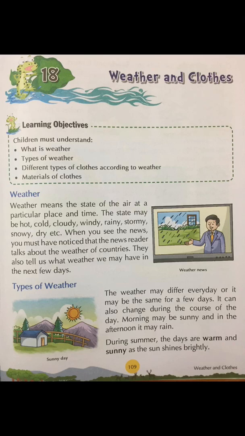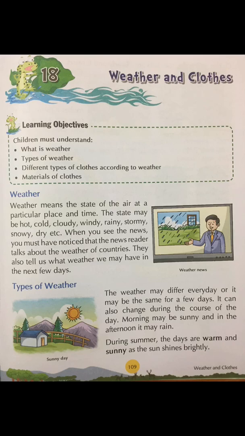The next is cloudy. मौसम बहुत खराब होता है. That is, there are clouds in the sky, black clouds which are filled with water. Windy, बहुत तेज से हवा चल रही होती है और बहुत हवा चलने की वजह से the weather is windy.